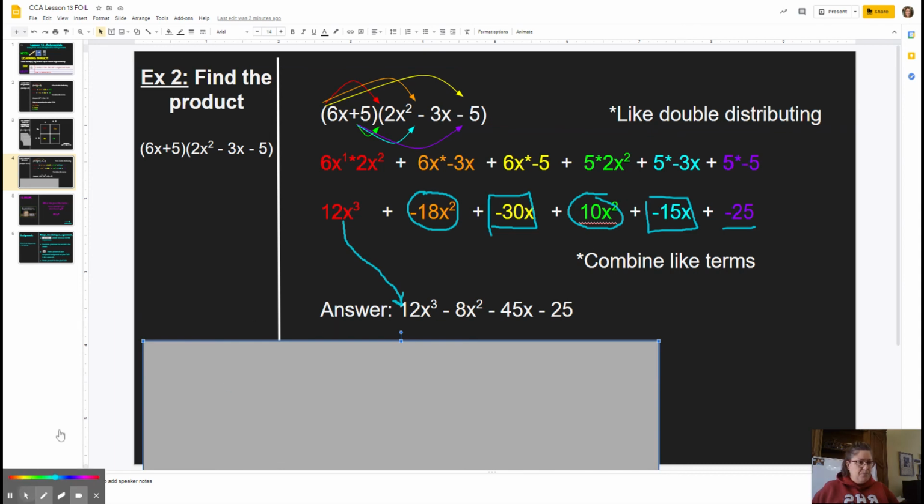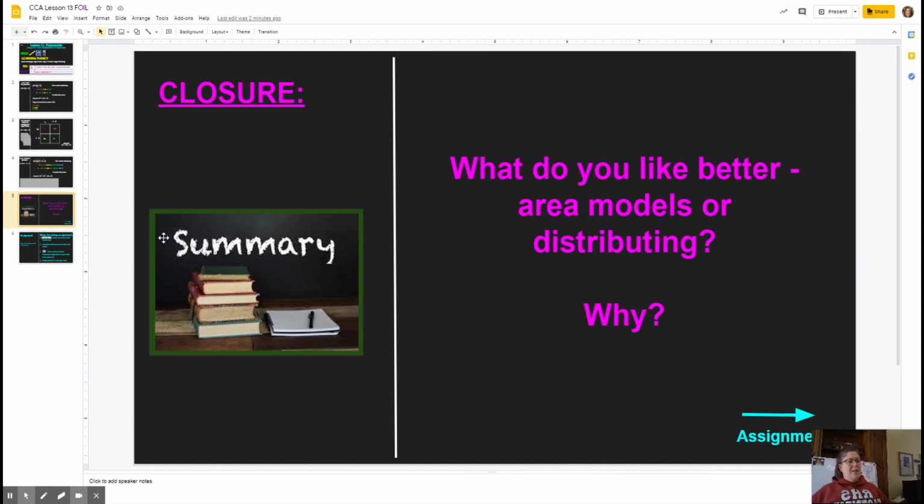Okay. All right, so your closure for today, thinking back to what we talked about on Wednesday, do you like area models better, or do you like distributing, which is today's process with the arrows? Which one do you like better and why? Write that down. I'm just curious as to what you guys would say.